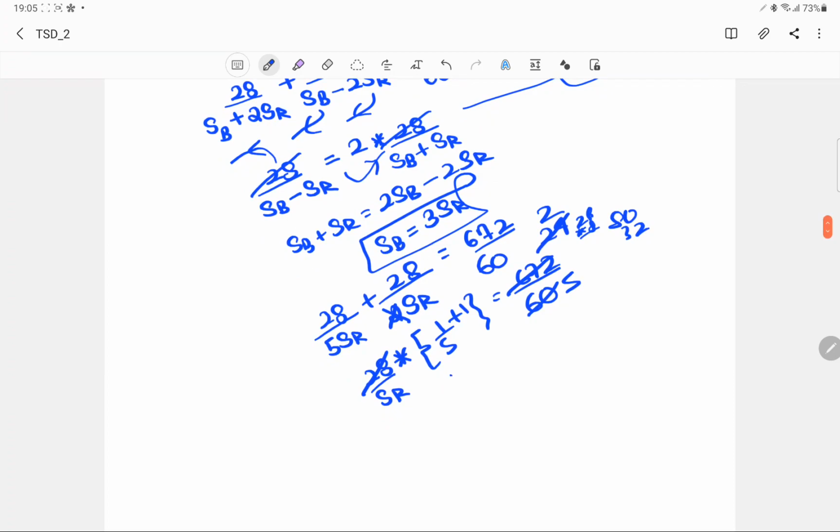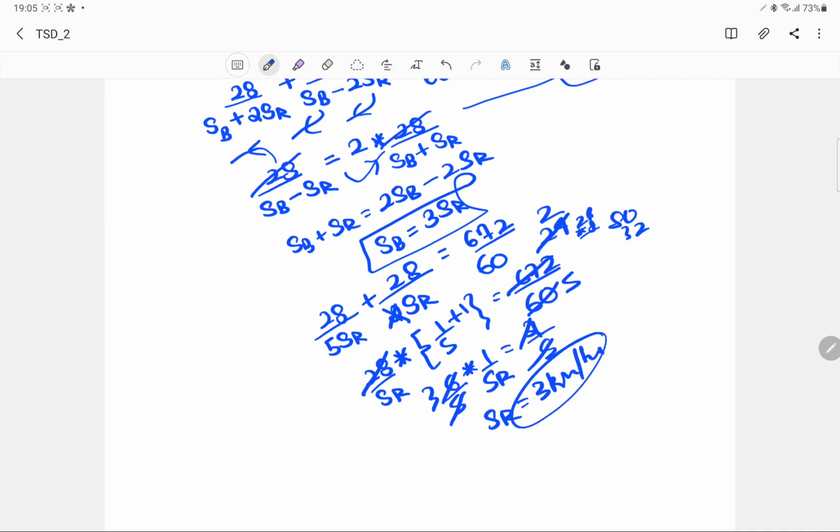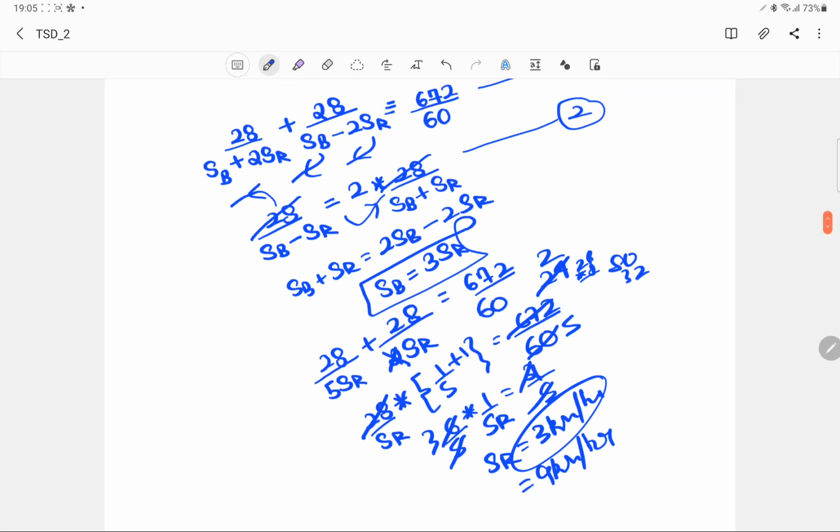And this is 6 by 5 into 1 upon the speed of the river, equal to 1 upon 5. So the speed of the river is equal to 3 kilometers per hour, and the speed of the boat is 9 kilometers per hour, as it is thrice of that.